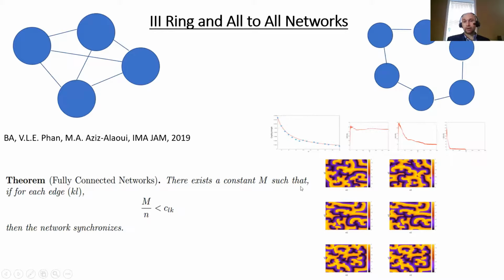Here are numerical simulations for fully connected networks, and this curve is interesting. As you can see, we have considered here up to 20 PDEs. So this is a network with up to 20 PDEs.